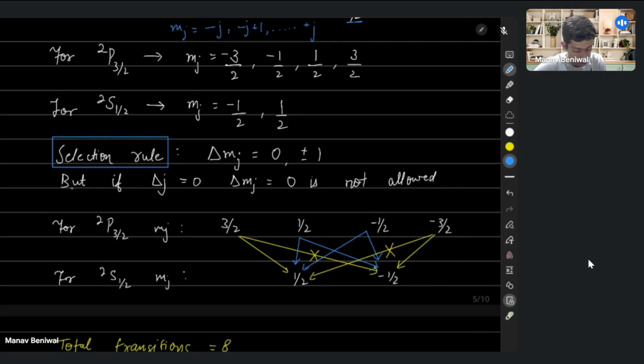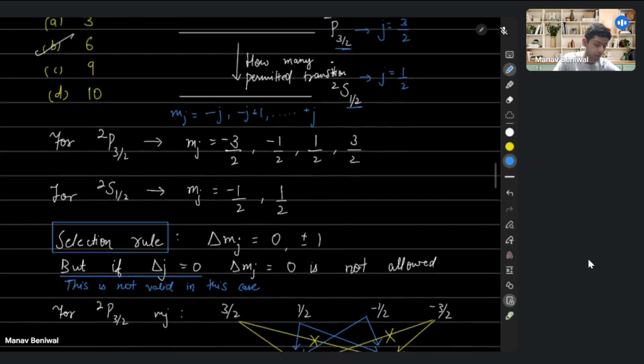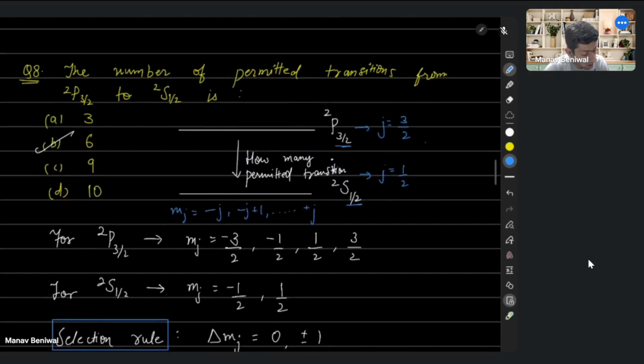But this is not valid in this case, because here you can see delta j, 3/2 minus 1/2, is 1. Therefore this is not valid.